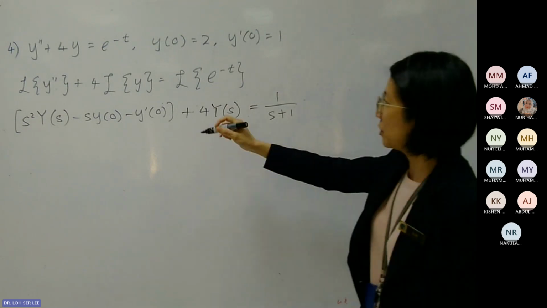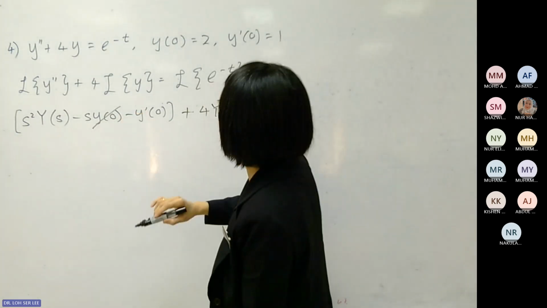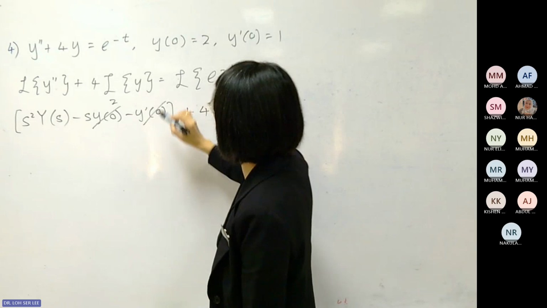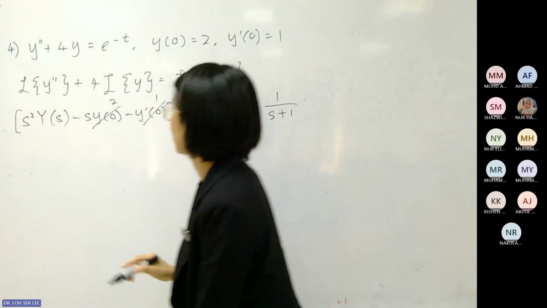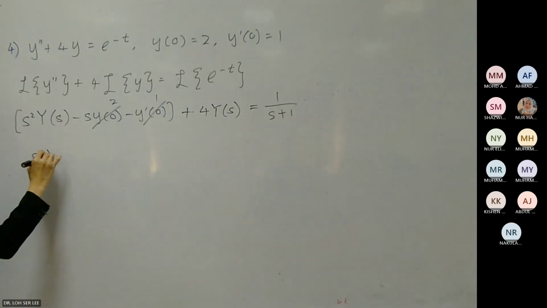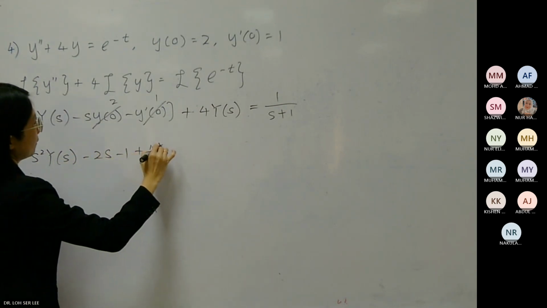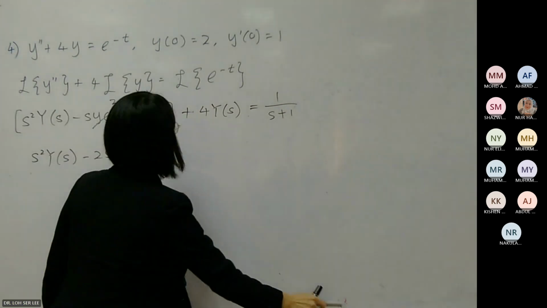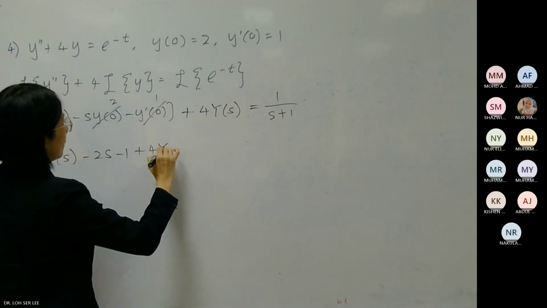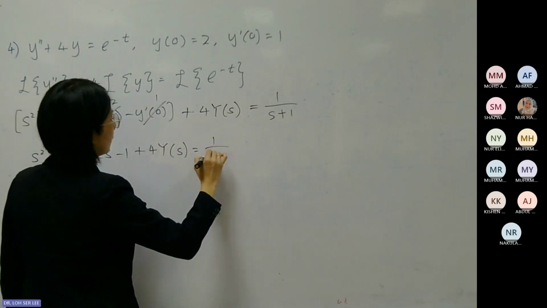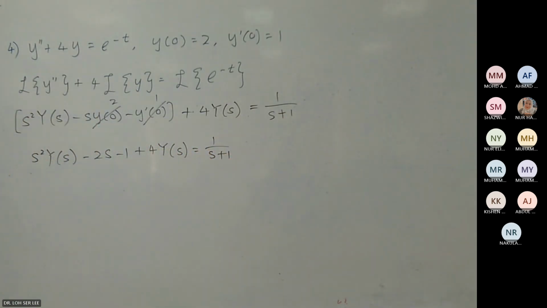Now substitute y(0) = 2, y prime(0) = 1. Okay, factorize the capital Y in s and move those without Y in s to the right.